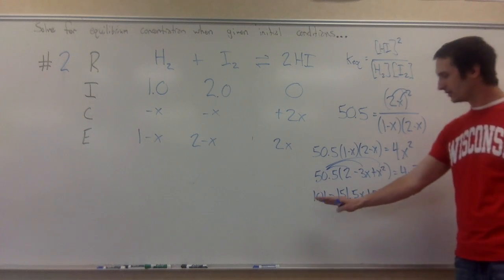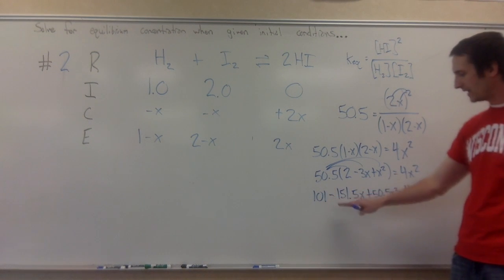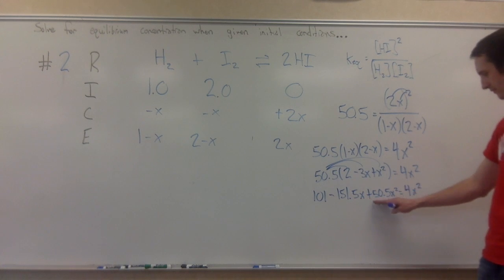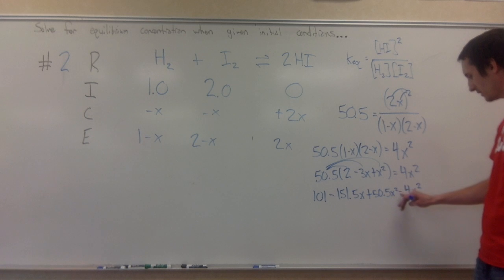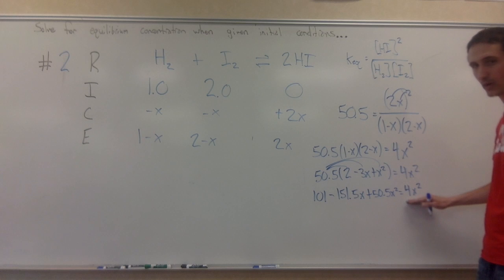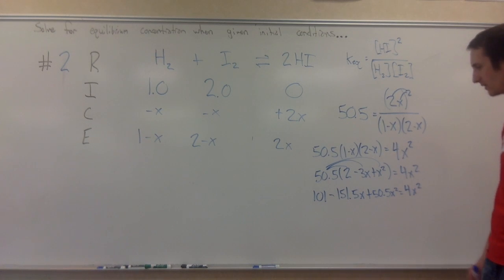So I got this equation, 101 minus 151.5x plus 50.5x squared, equals 4x squared on the other side.